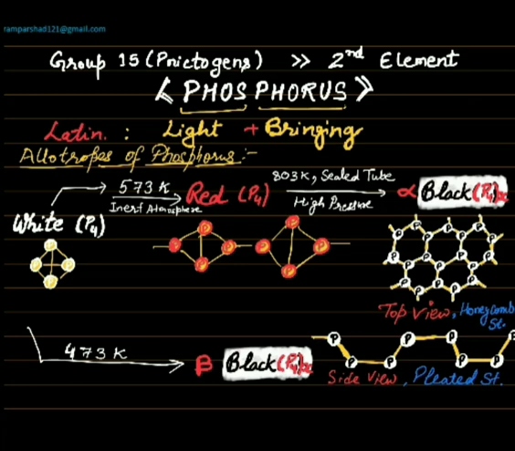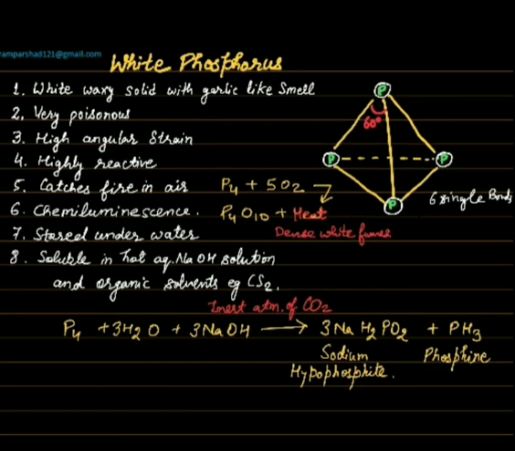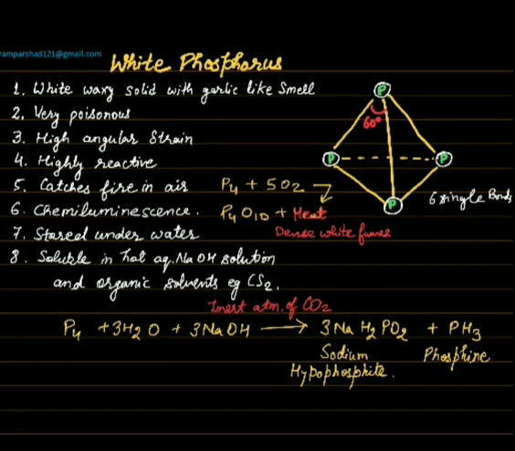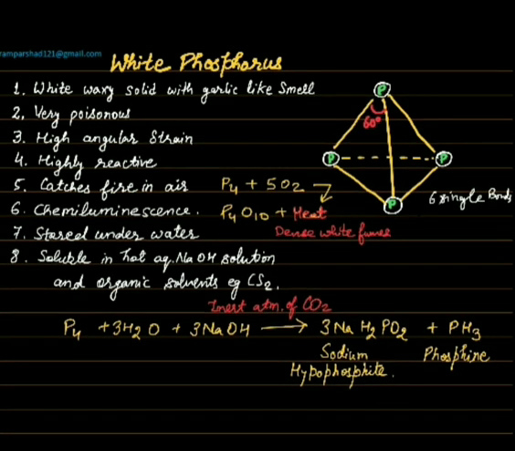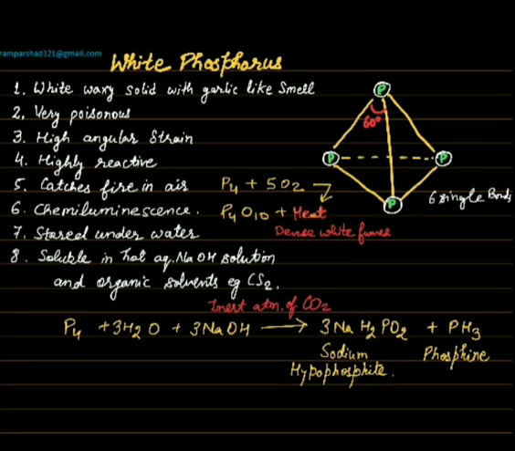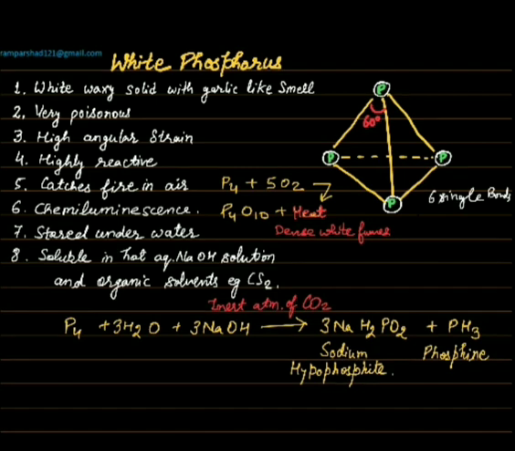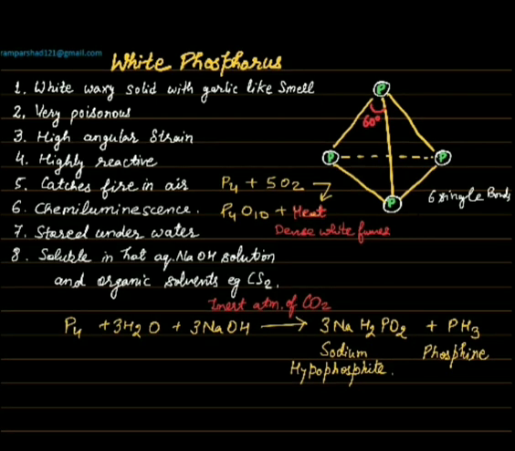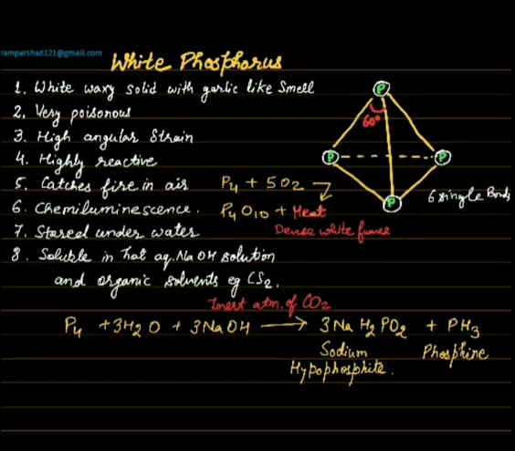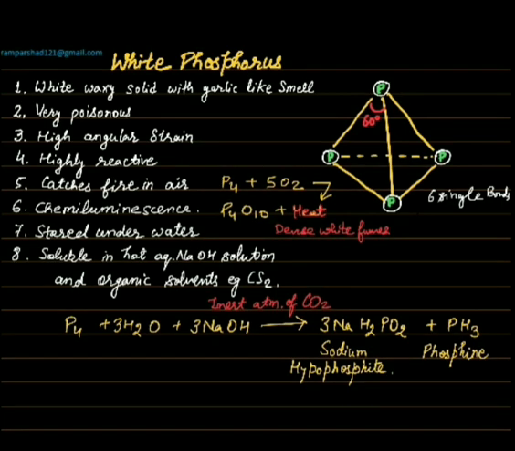White phosphorus. Sometimes white phosphorus is also referred to as yellow phosphorus because on exposure to air it easily gets oxidized into a yellow colored solid. It has a characteristic garlic-like smell. It is very poisonous.